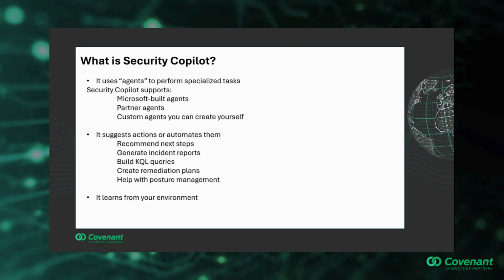And from a more strategic point of view, it can help generate remediation plans and help with the overall posture management of your tenant and your associated solutions. And a big key is it learns from your environment specifically. So that's a significant advantage over more publicly accessible AI tools.